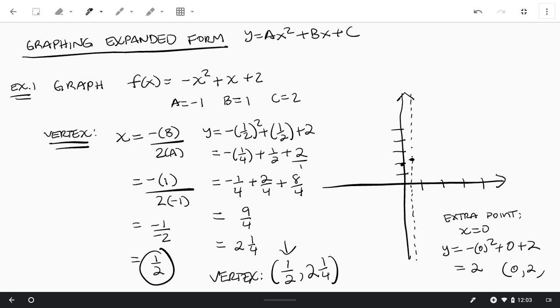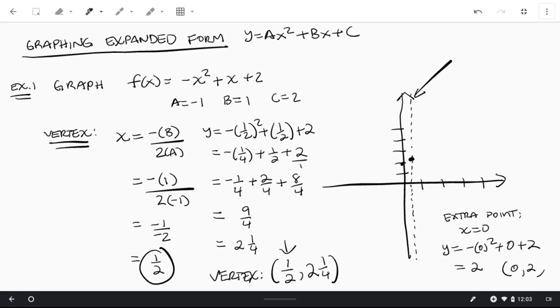Okay, so doing this line of symmetry here helps us to keep track of where the vertex is. So we know this one is the vertex. Okay, the other one is the extra point, and we know that by symmetry.